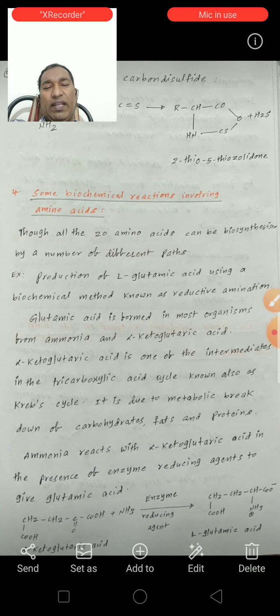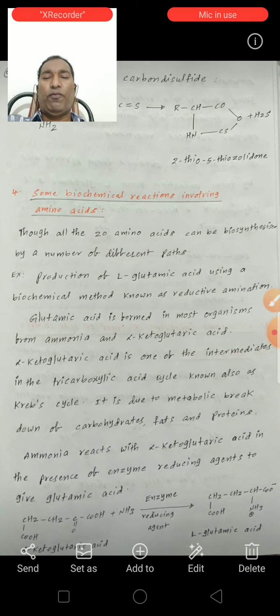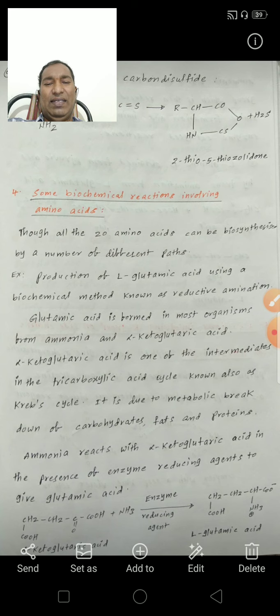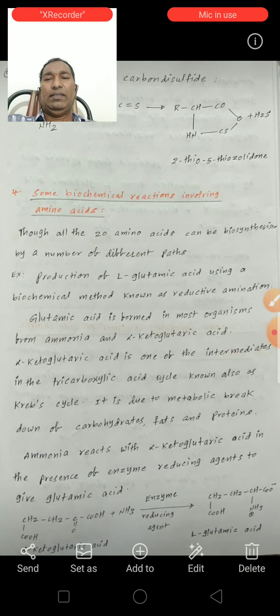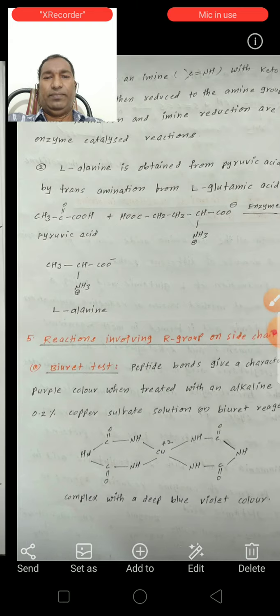This is the zwitterion form of L-glutamic acid. So in the presence of enzyme, alpha ketoglutaric acid reacts with ammonia to form an alpha amino acid, that is L-glutamic acid. This is the biosynthesis reaction for the preparation of L-glutamic acid.